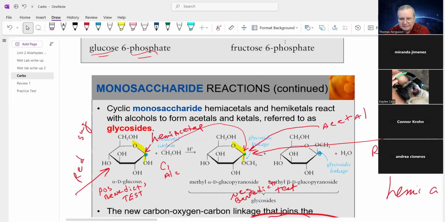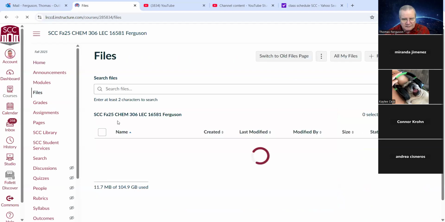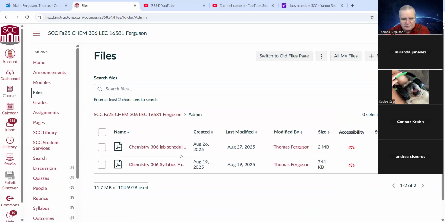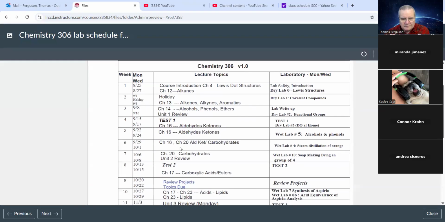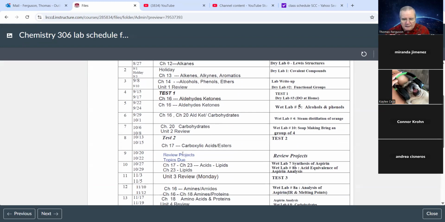I'm going to stop sharing here for a second. I'm going to go over to Canvas. So right now, this test is on Monday the 13th. So we have Wednesday to review, and we have next week to review, and then we'll have our test. So we'll have lots of review here.